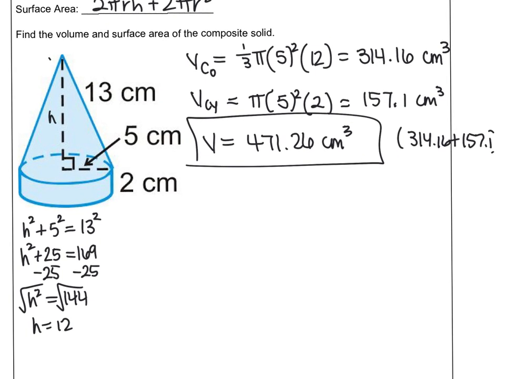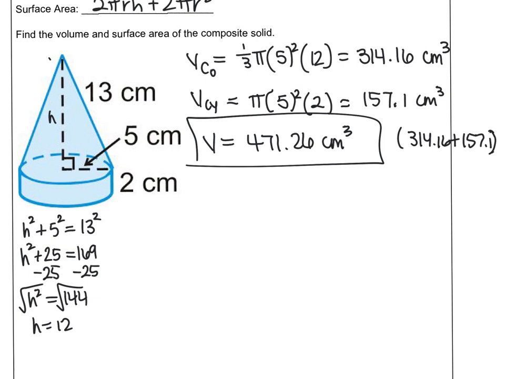Surface area is where it gets tricky, because with surface area, you only care about the area on the outside, not the inside. And when we're dealing with two separate shapes, that's fine, because you just use their formula. But in this case, they both have one circular base that is the shared one. So it's technically inside our composite solid. So we don't want to include it in the total surface area of our figure.